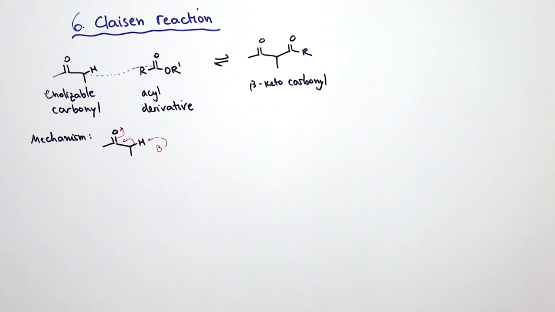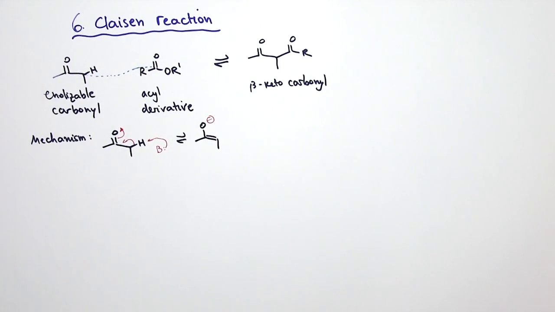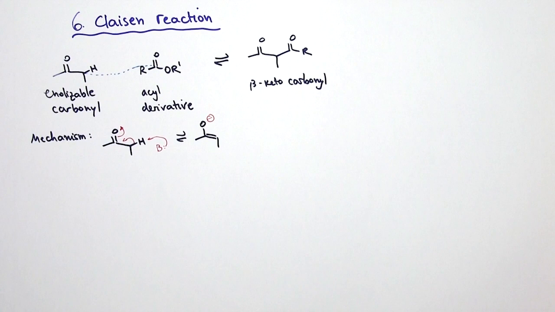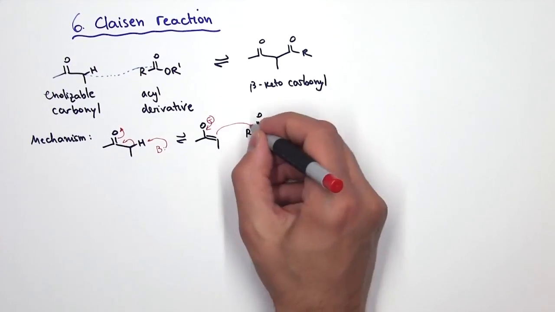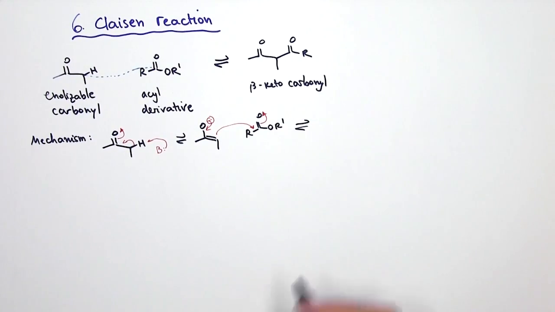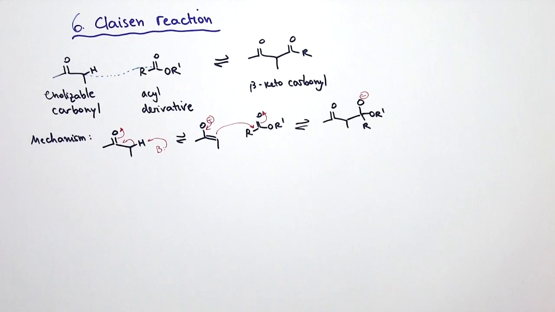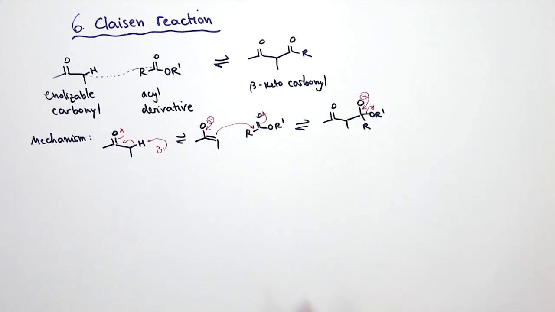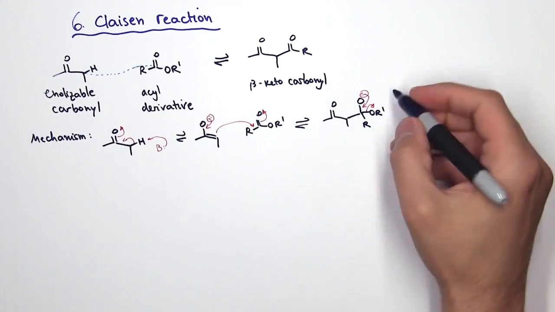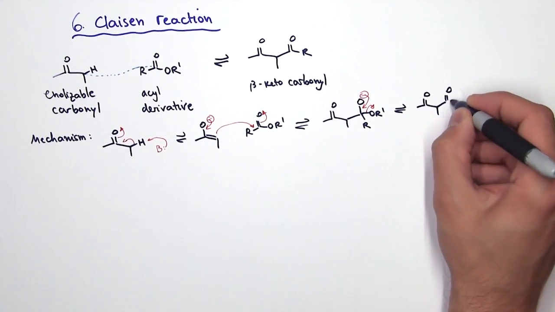A base will remove the alpha proton and form the enolate, which is now poised to add to the acyl derivative in an acyl transfer reaction, forming first a tetrahedral intermediate, which can spontaneously fall apart by eliminating the heteroatom group to form our beta keto carbonyl product.